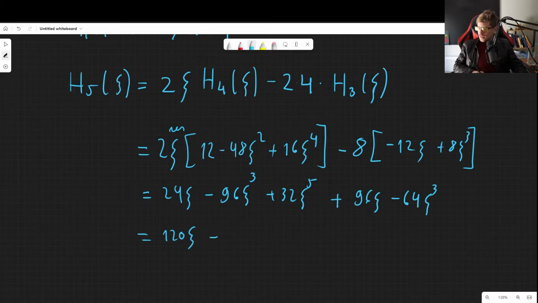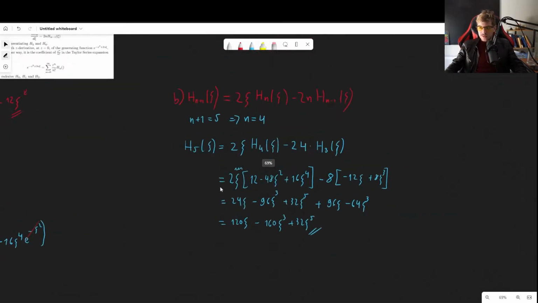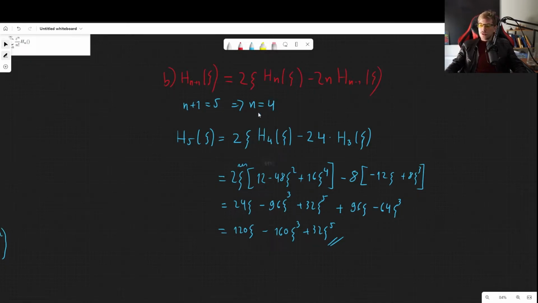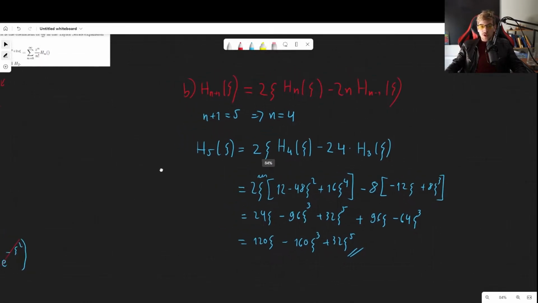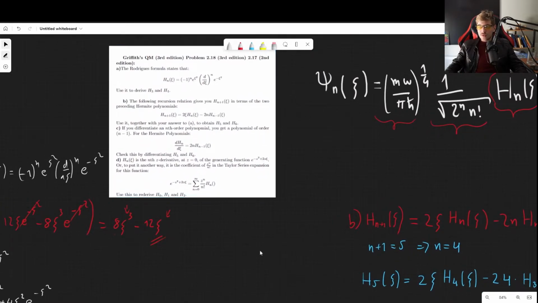Then for psi cubed, we have 96 minus 64, so both of them negative. So we get minus 160. And then finally, we have plus 32 psi to the 5th power. So this was really easy, as you can see. But it required that we knew 2 other Hermite polynomials, which we don't always do. Okay, so these formulas, of course, are limited.